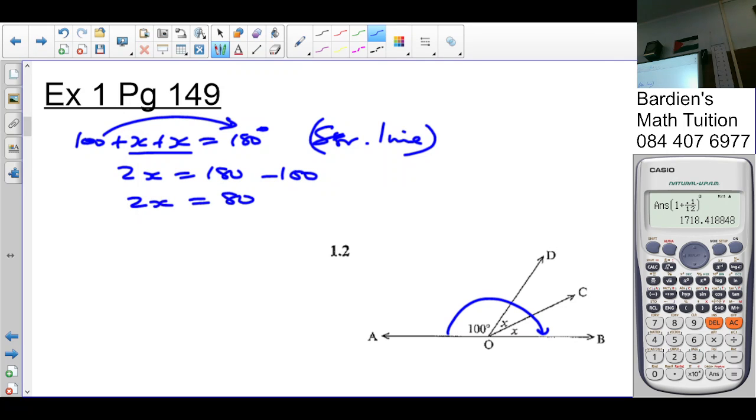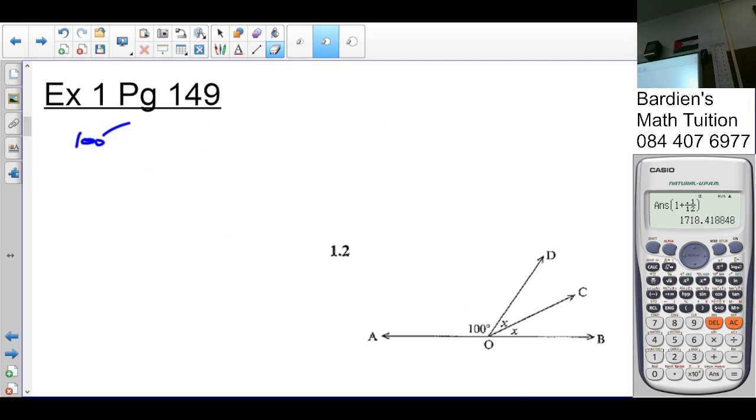So 80 is equal to 2x. Divide by 2. 40 degrees. Yes, Michael? Would it be okay if you just jump into the 2x? Yeah, acceptable. Okay, anybody else? 140.